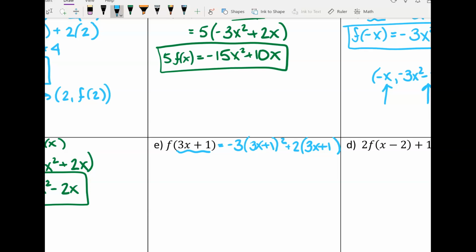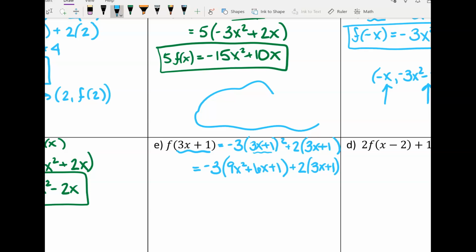Order of operations has me FOILing out, distributing this out. It's 3x plus 1 times 3x plus 1. So that leaves us with 9x squared plus 6x plus 1 plus 2 times this quantity of 3x plus 1.